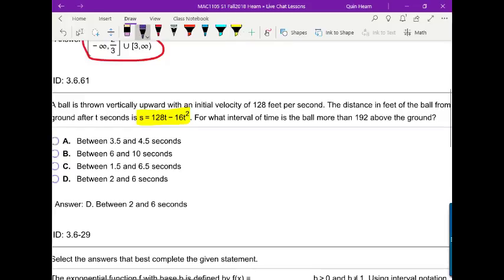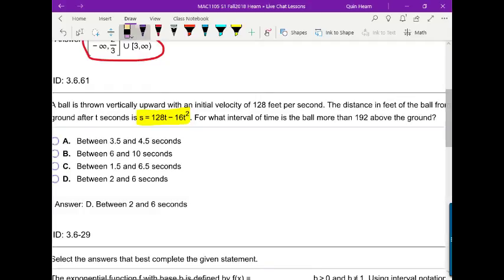By the way, this 128 feet per second they mentioned, they are already showing us how that applies to the problem. They have created an equation using that. You'll see in calculus how to do this yourself. So for what interval of time is the ball more than 192 feet above the ground?